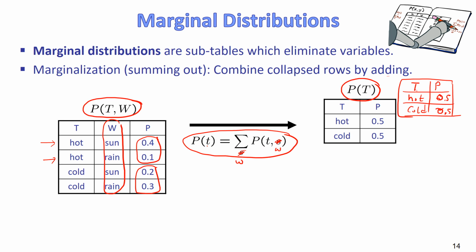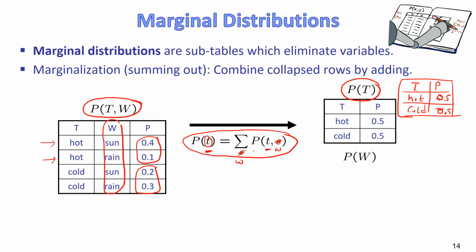To get the probability of a specific value t, notice that this is a small letter here, which means that this is a specific value, and that as a whole will give us one number, which is the probability of t equals that value, will be the sum over all possible values of w of the joint probability of t and w. So fixing t here means that we want to get the probability of t, and summing over w because we want to get rid of w, we want to eliminate w, or marginalize w.